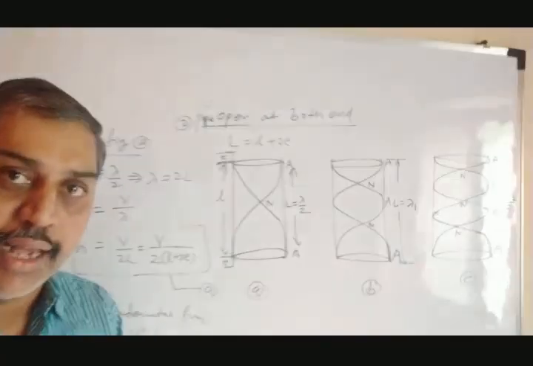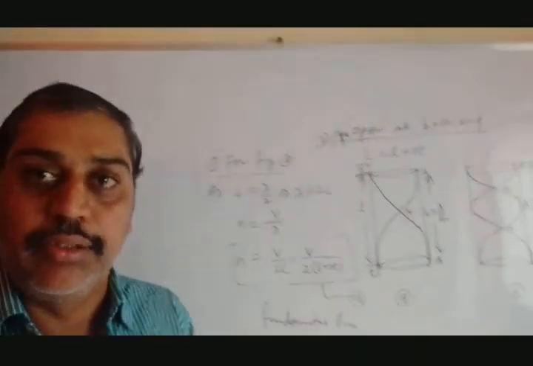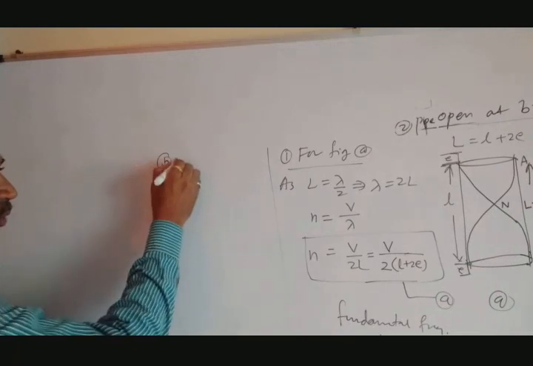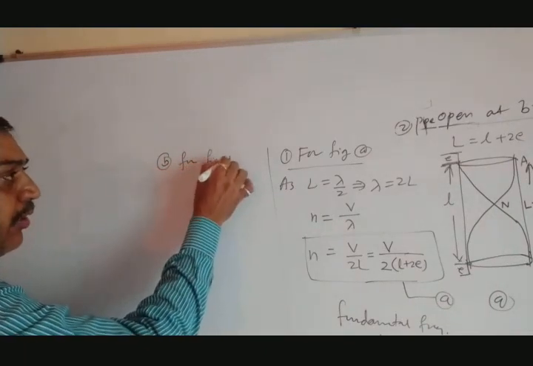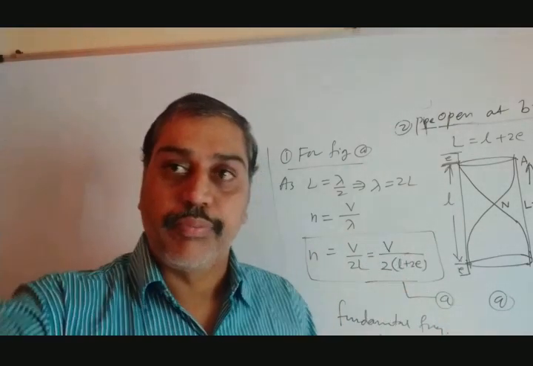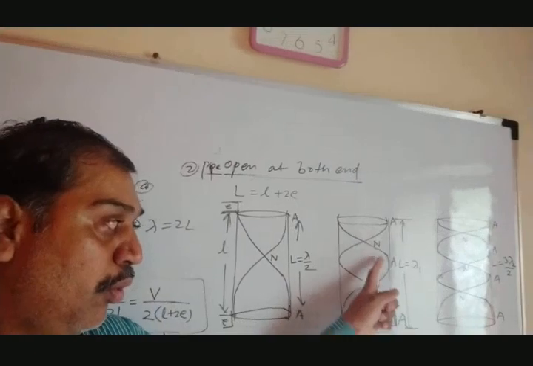From the second diagram, we have to consider the length L equal to lambda 1. Just do the same for the second diagram, figure B. Figure B means when two nodes and three antinodes are formed.